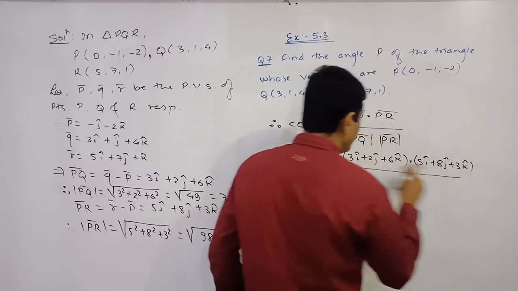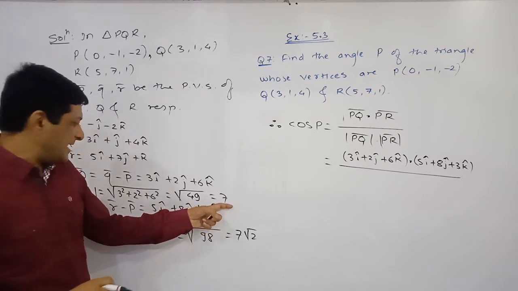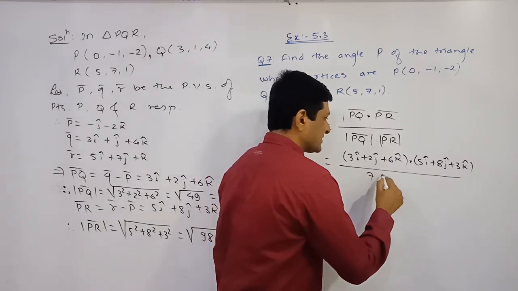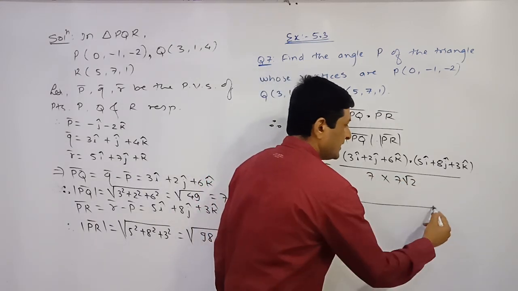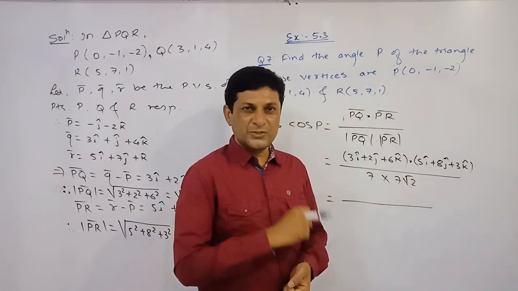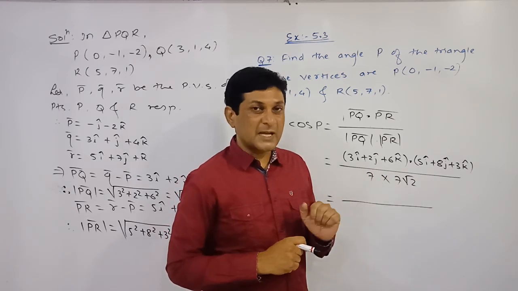And in the denominator substitute the value of the magnitudes, where magnitude of PQ bar is 7 and magnitude of PR bar is 7 root 2. So here we will get 7 into 7 root 2. Let us find the dot product of these two vectors. If you observe, both the vectors are in terms of I cap, J cap, K cap, means they are in Cartesian form.